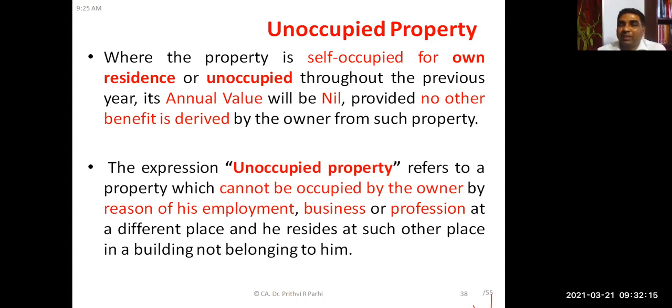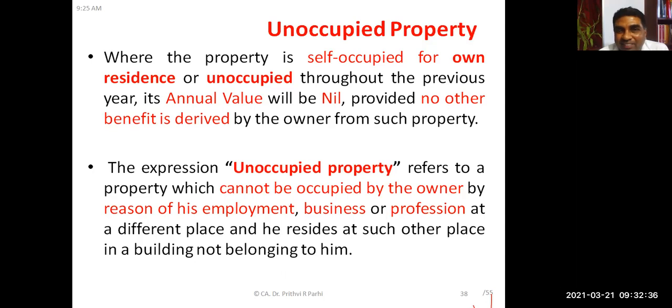belonging to him. That means, let us say he is working elsewhere. So naturally his property may remain unoccupied because he's working in a different place and is residing in a different house which is not owned by him. Or his business is in a different place and he's residing in a building there which is not owned by him.